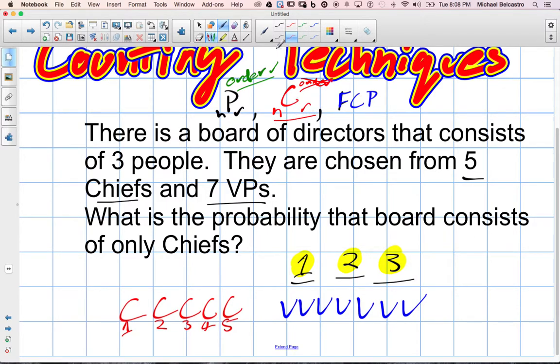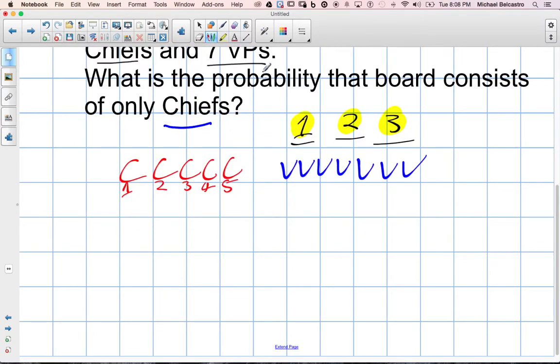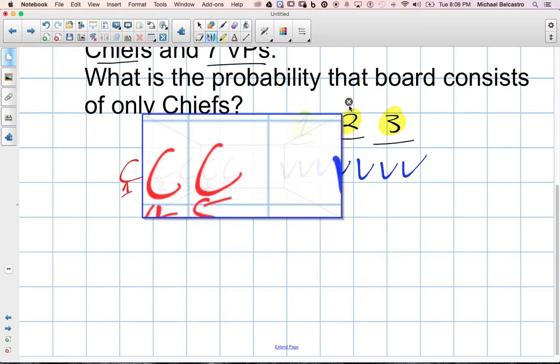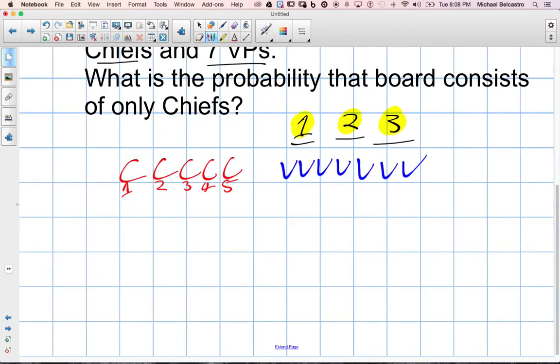The first question is what's the probability the board consists of only chiefs? We need to figure out how many ways you can choose 3 chiefs out of a total of 5, because there's only 5 chiefs. Order is not important, so we have a combination.